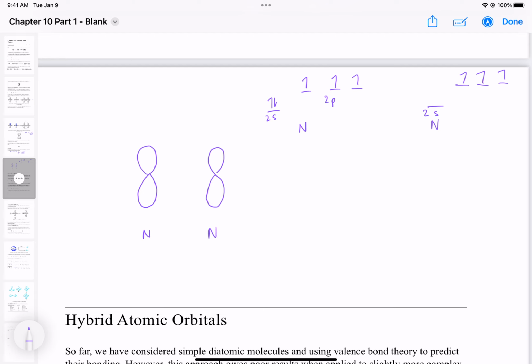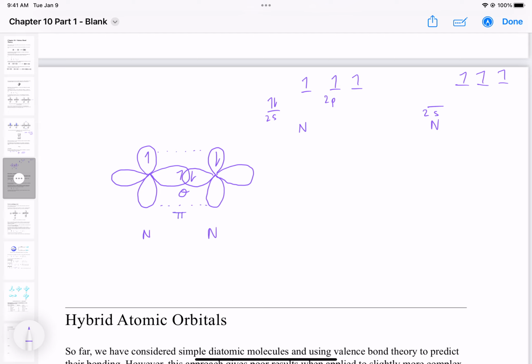Okay, so it has a set of p orbitals that are going to combine here to form a pi bond. And then on the atomic axis, we're going to draw another set of p orbitals that indicate this is the sigma bond. So we have a sigma bond here, a bonding interaction. So this will be the sigma bond, and this will be one of the pi bonds.